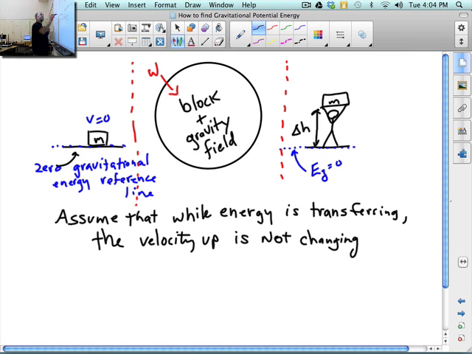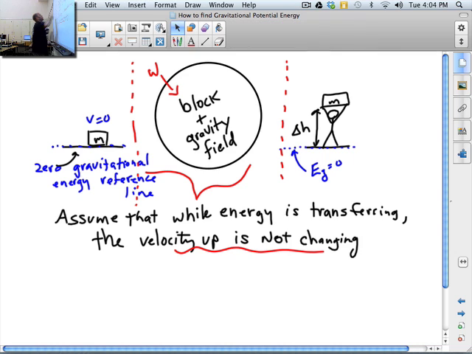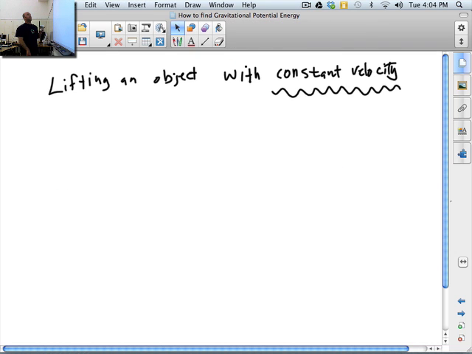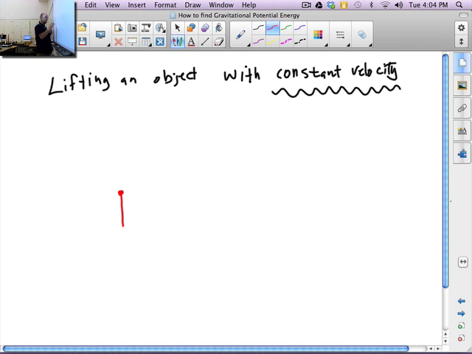So while the work is being done, during that time interval, velocity isn't changing. And when you lift an object with constant velocity, what's the force diagram look like? The weight down has to equal what? The force due to the person lifting.